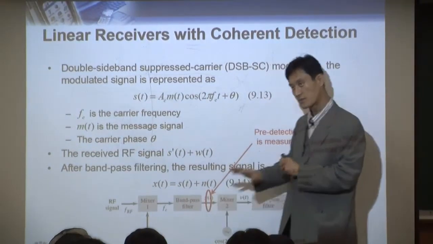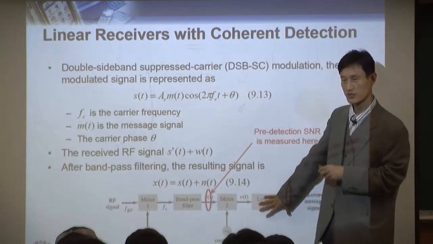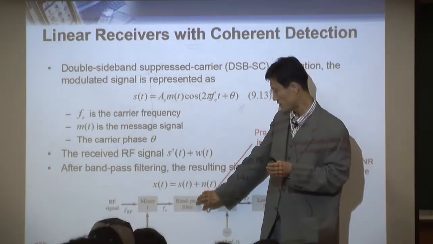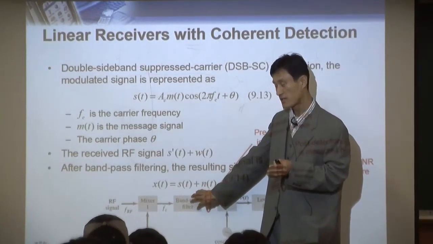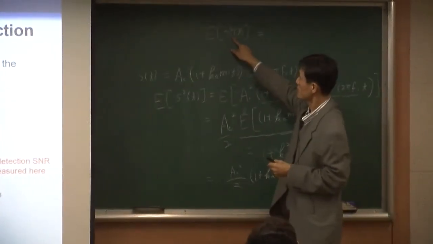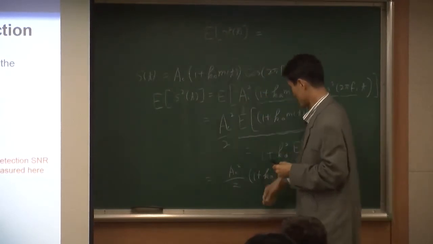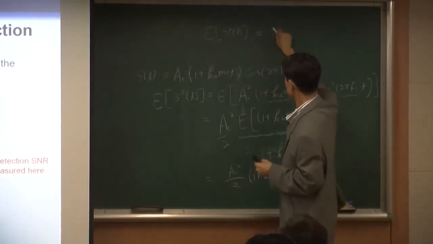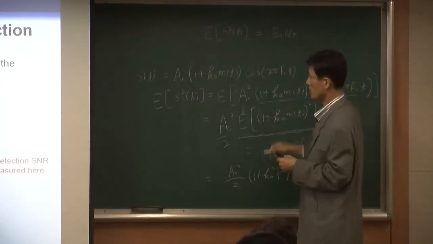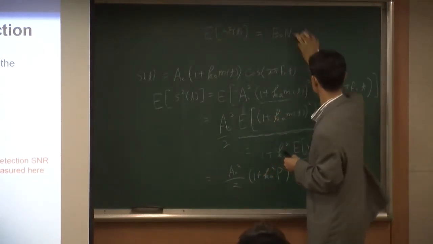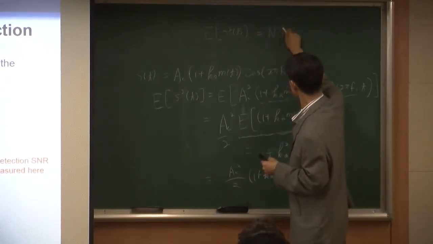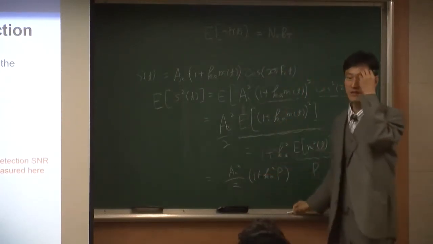So it doesn't matter what demodulation you use, because demodulation comes later. So here, this is a passband. So when you look at the passband noise and take an expectation, this one is always N0 BT.